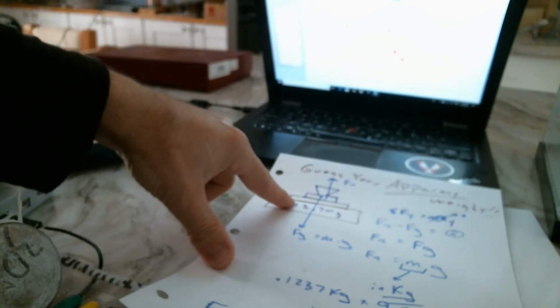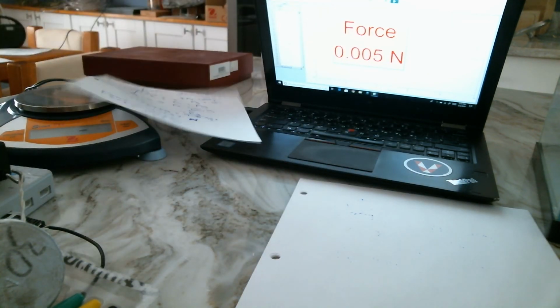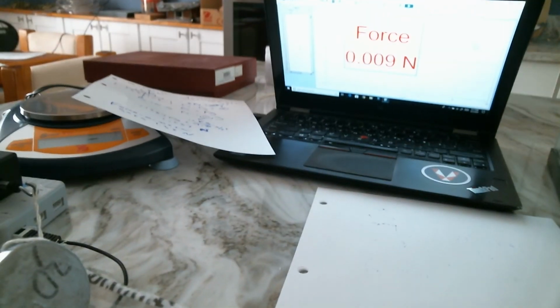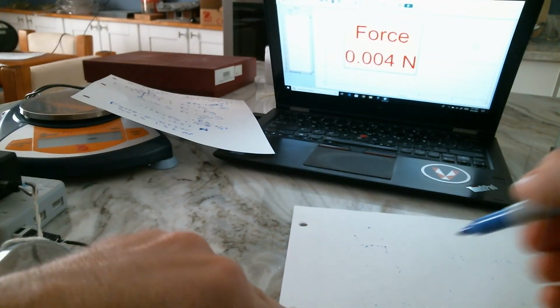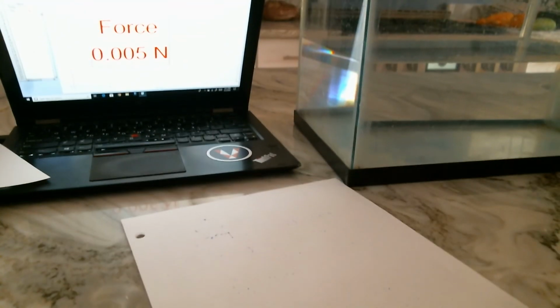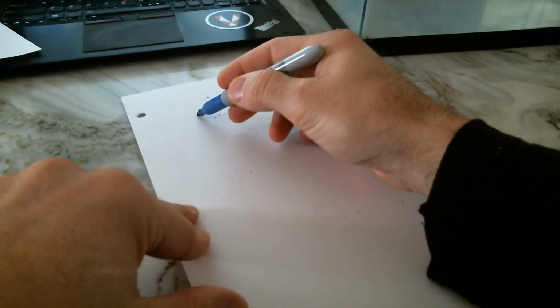Okay, now the next thing I'm going to do is make a drawing similar to this one, but for when that item is submerged in the aquarium, which you can see is still right there. I'm going to submerge it in the aquarium here in just a bit. If this then is the aquarium, so I'll just draw the water surface.